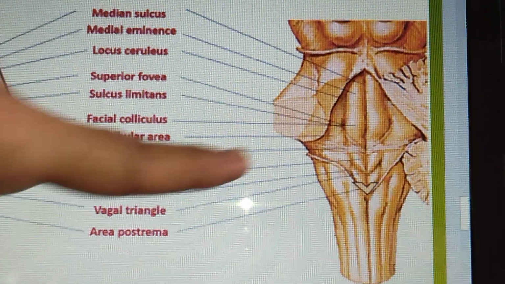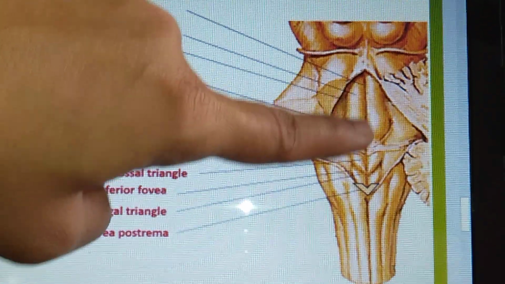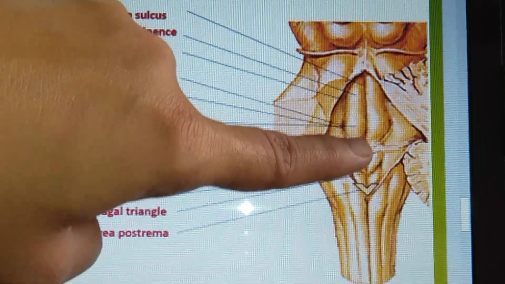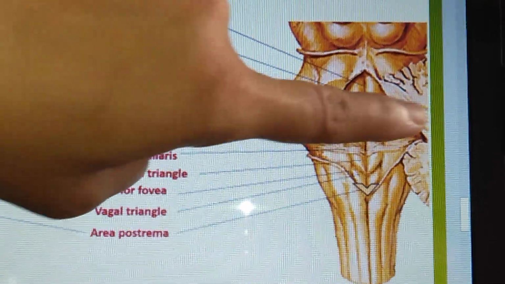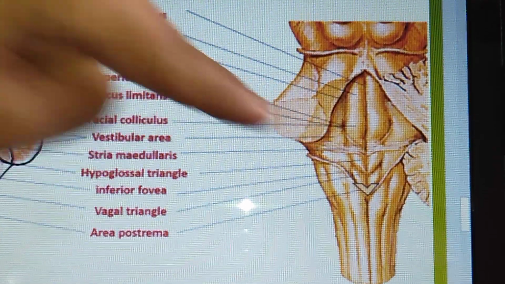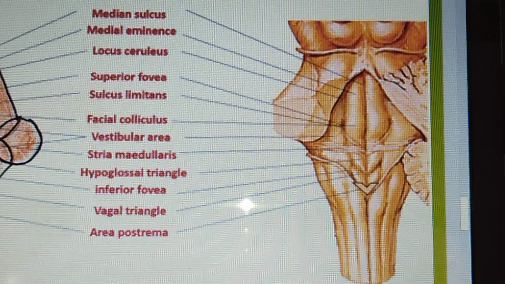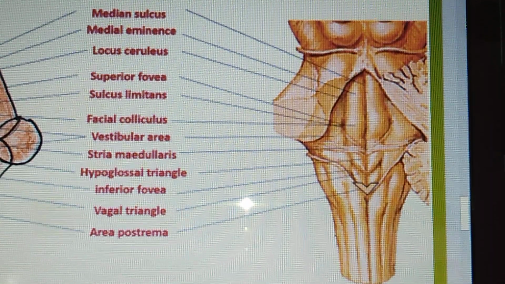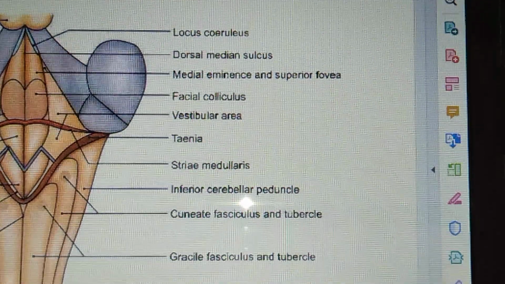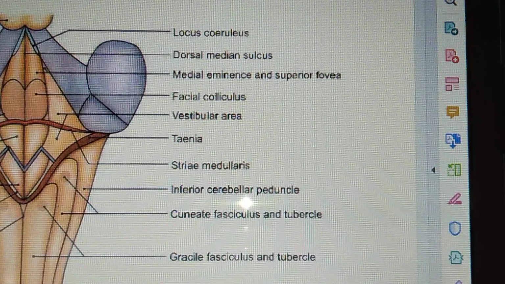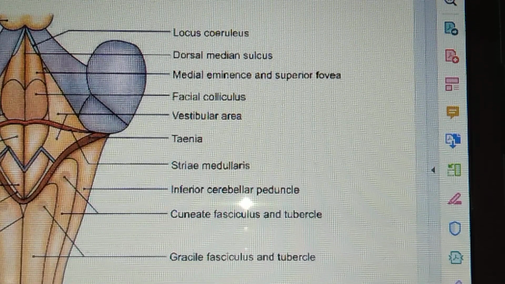In this diagram you can see the median eminence. This elevated part is the facial colliculus, and just next to the facial colliculus laterally you find a very small pit, called the superior fovea. Coming back to the original diagram, deep to the colliculus is the genu of the facial nerve, formed by this nerve looping around the abducens nucleus.